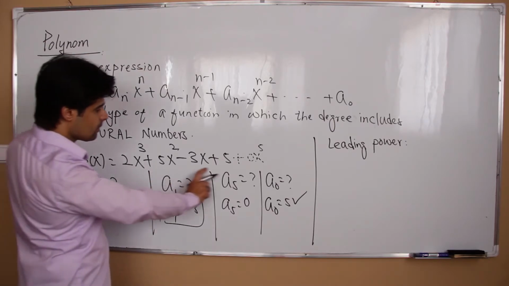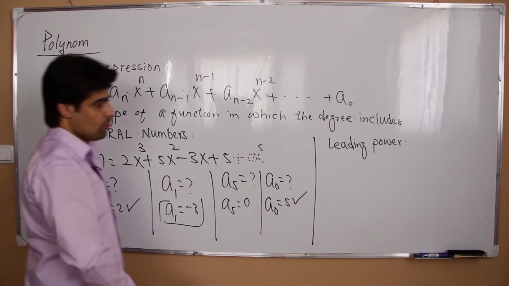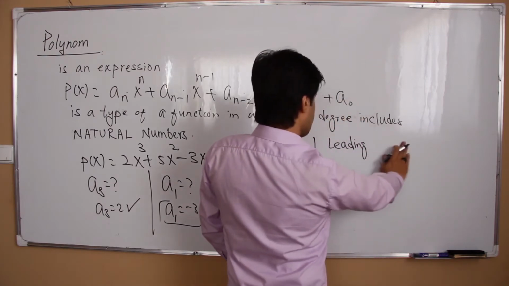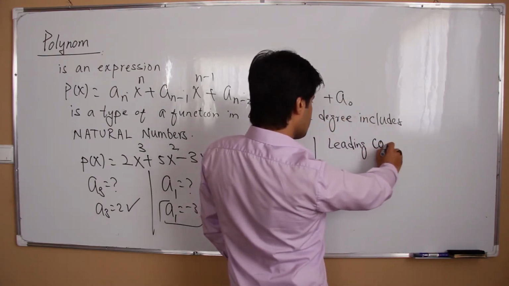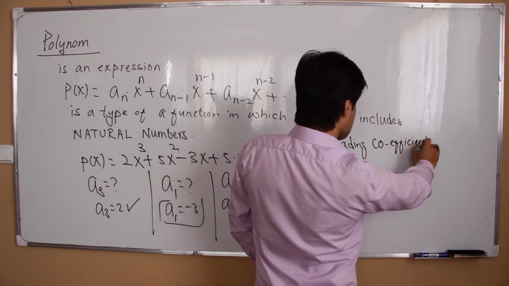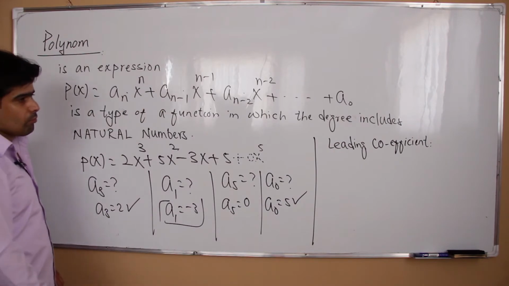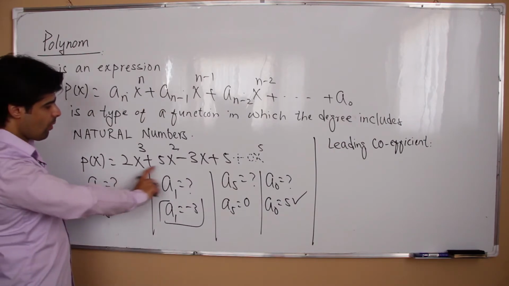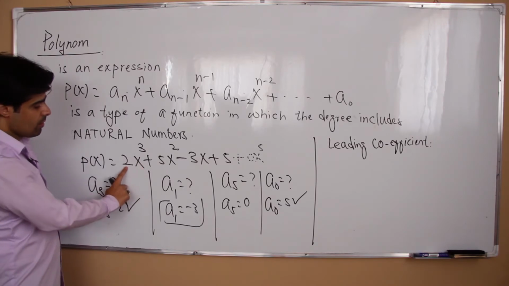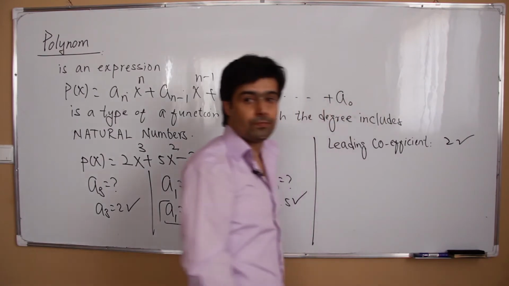In here, the highest degree which we can define is 3. Leading coefficient is the coefficient with the most power. With the most power, we have x to the power 3. This is the most power. Then the coefficient is 2.